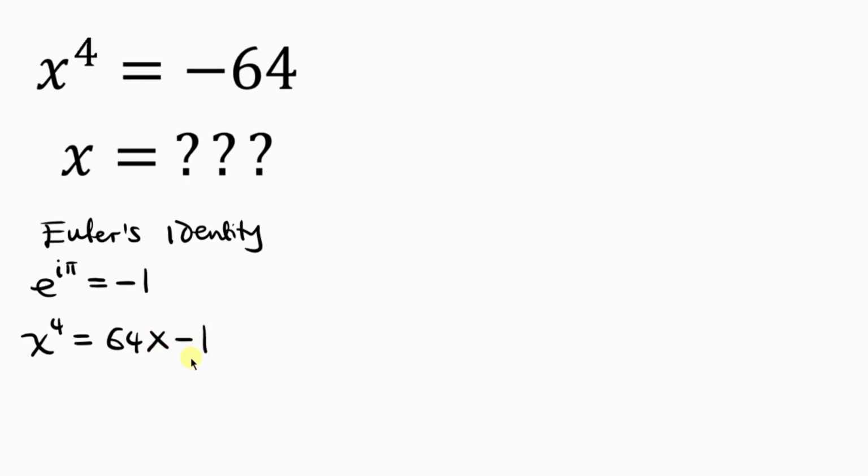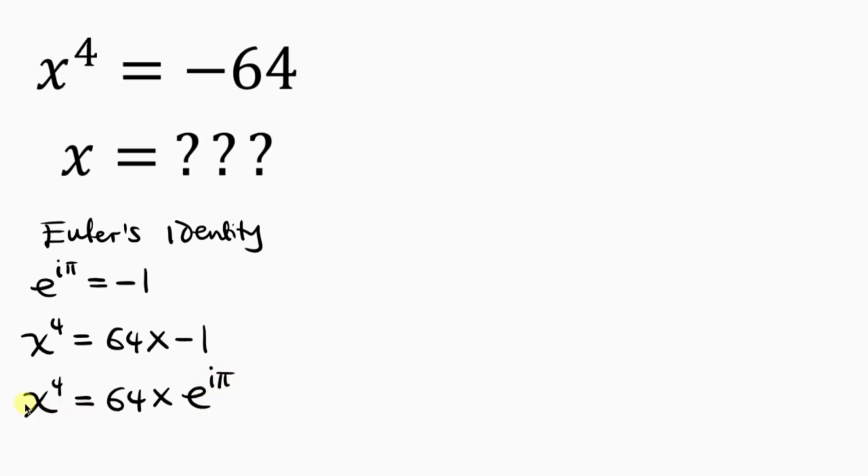You notice that the right-hand side now has negative 1. And since e to the i pi is equal to negative 1, I'm going to replace this negative 1 with e to the i pi. So x to the fourth equals 64 times e to the i pi.